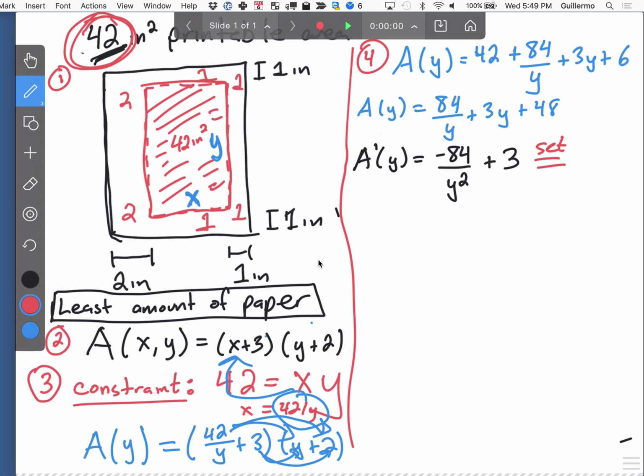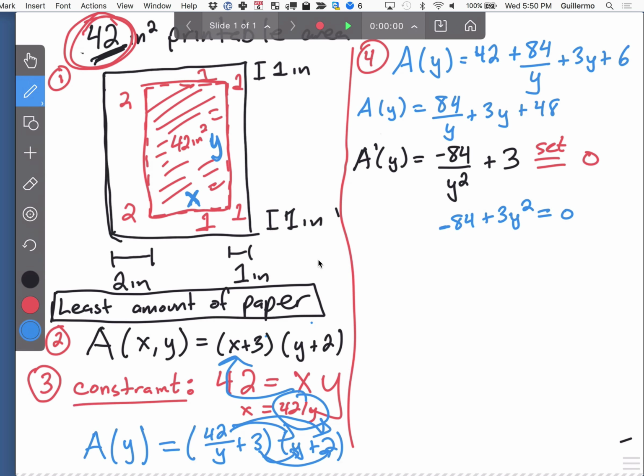And then set this equal to 0, right? And solve. So let's see, what would we do? Multiply through by y squared, so you would get minus 84 plus 3y squared equals 0, right? If you just multiply both sides by y squared.